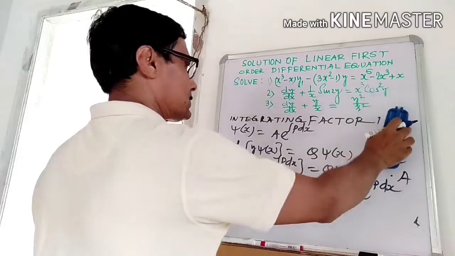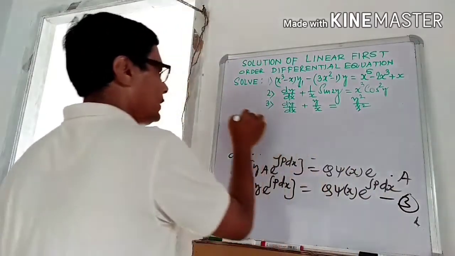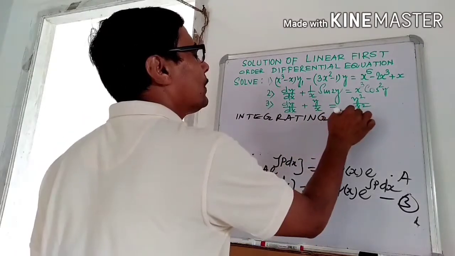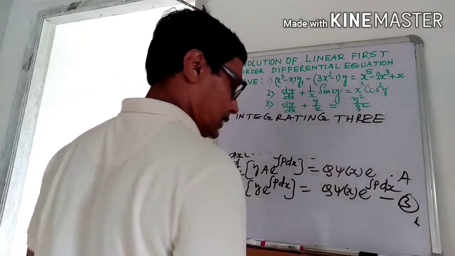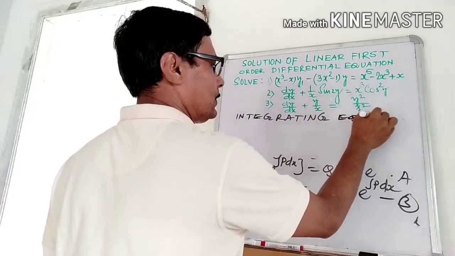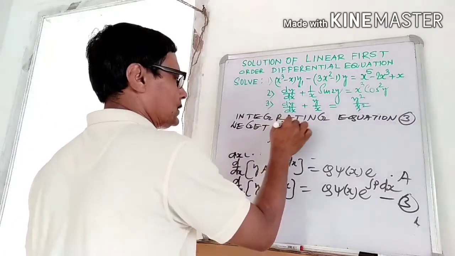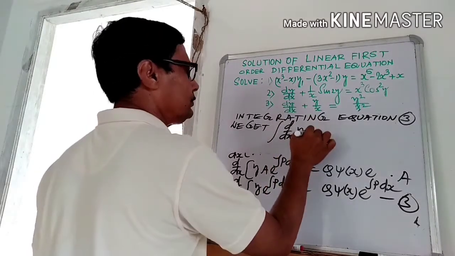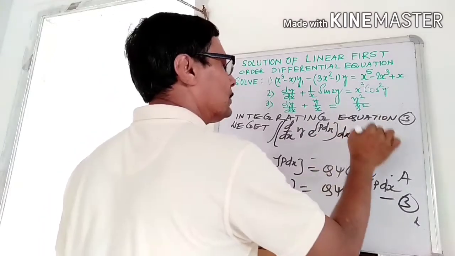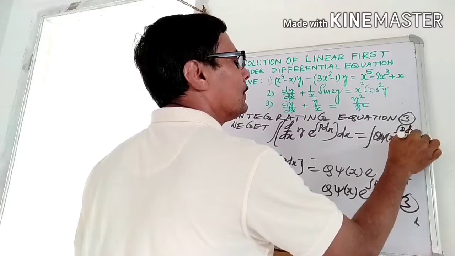Again, we integrate these equations. Integrating equation 3, we get the integration of d/dx of (y e to the power integration p dx) dx = integration of q e to the power integration p dx dx.